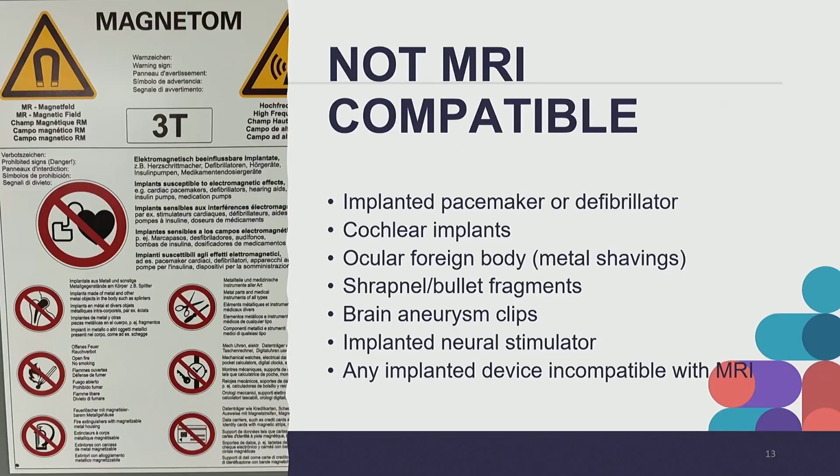Cochlear implants, ocular foreign bodies, say your patient was a welder or worked in metal work, and if they have a little piece of metal still stuck in their eye, that may be a problem. Shrapnel or bullet fragments, brain aneurysm clips, neural stimulators, and any implanted device that's not compatible with MRI. So you've always got to ask, is this device compatible or not?